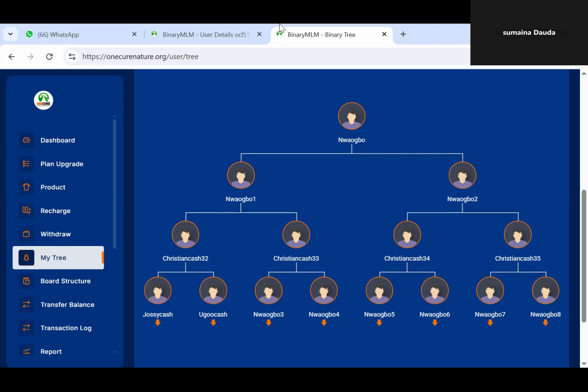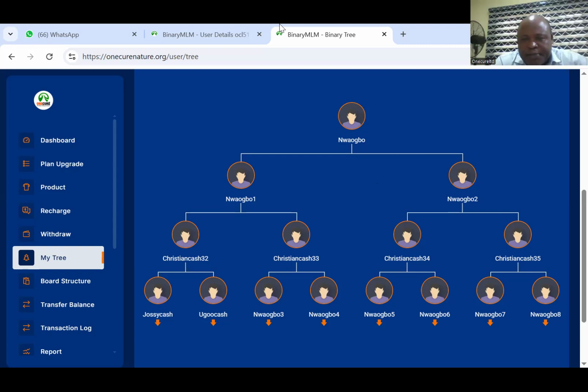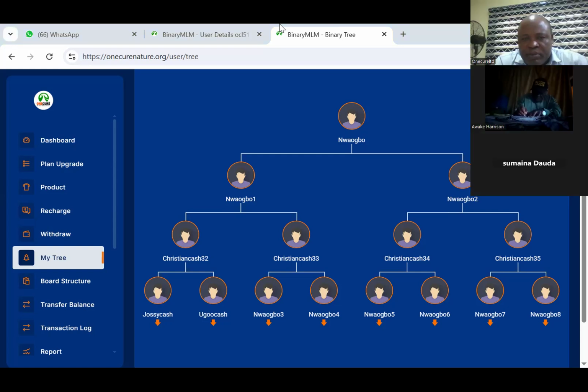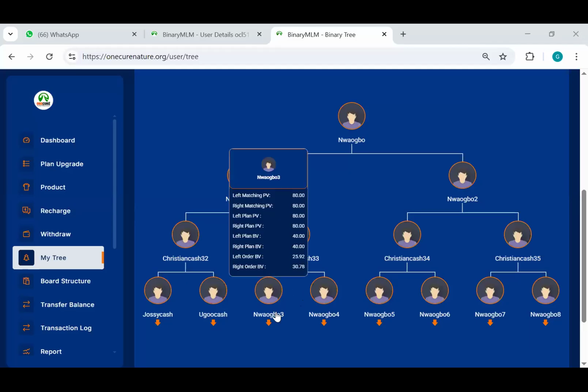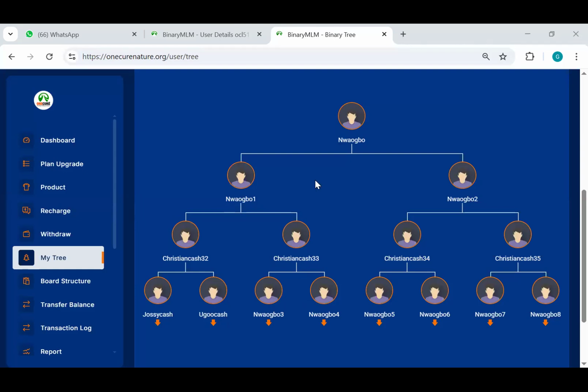Let me silence everybody here. What you are seeing on this screen now is a registration belonging to Onecure team.